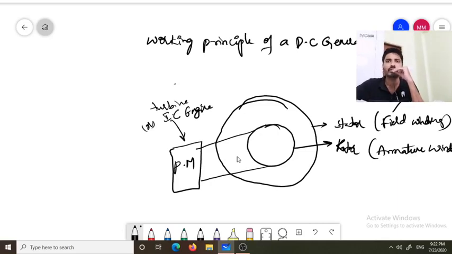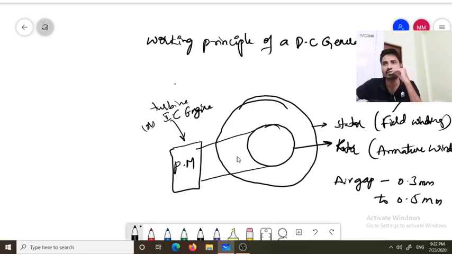So in order to avoid that, we place some air gap between the stator and rotor. The air gap is usually 0.3 mm to 0.5 mm. It depends on the machine. For large machines it may vary; for small machines the value is 0.3 mm to 0.5 mm.